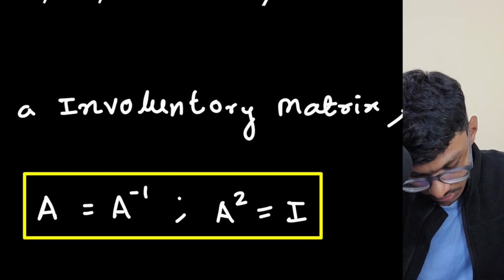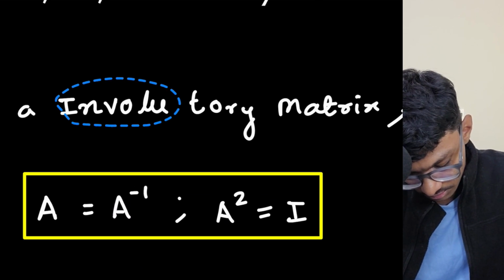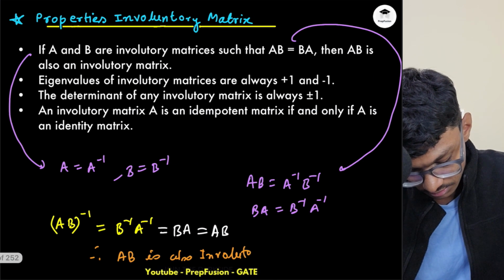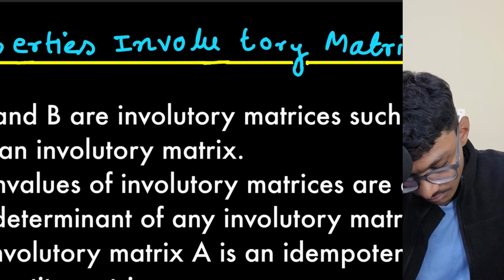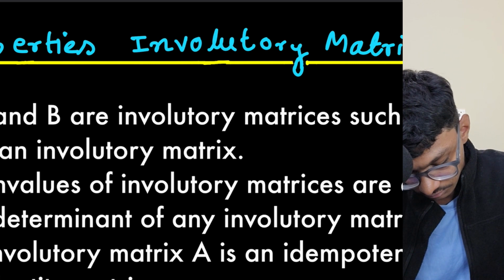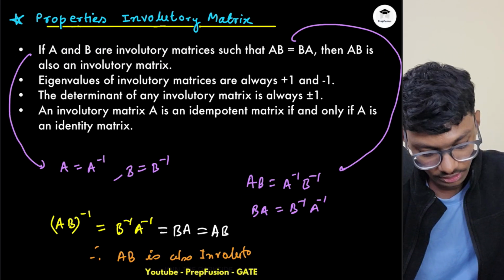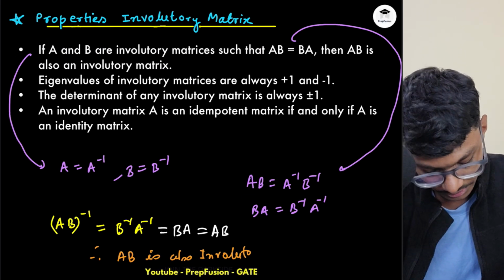Okay, let's correct this. Here also let's correct this. Okay, so involutory matrix.